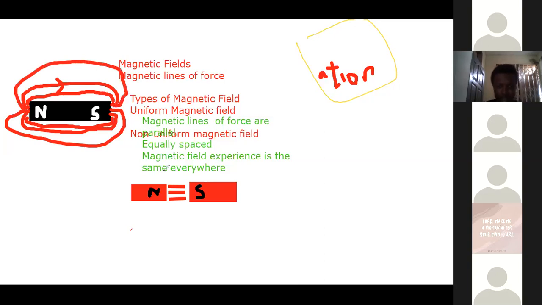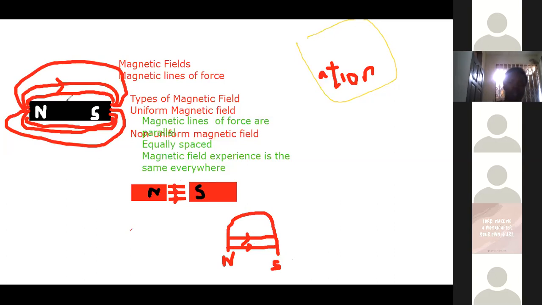But unlike this one, consider the one in a U shape. If you have a U-shaped magnet like this, here will be the north and here will be the south. The lines are parallel and the spacing is equal, so this one is uniform.